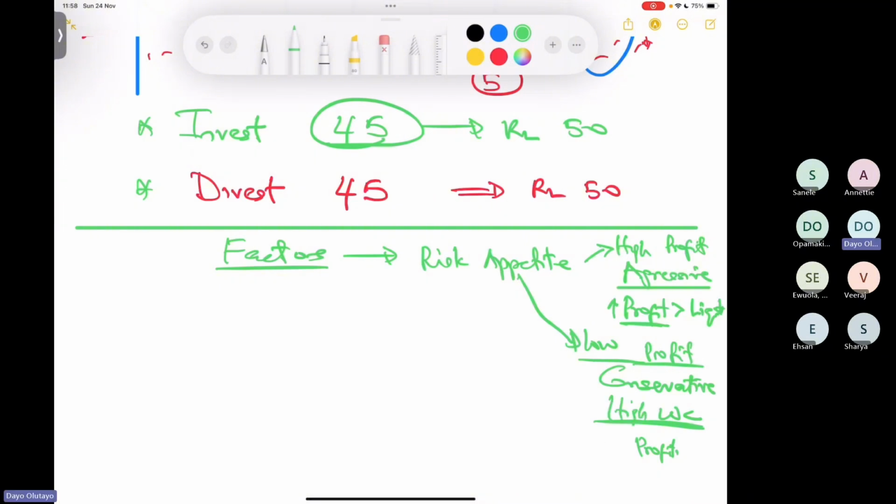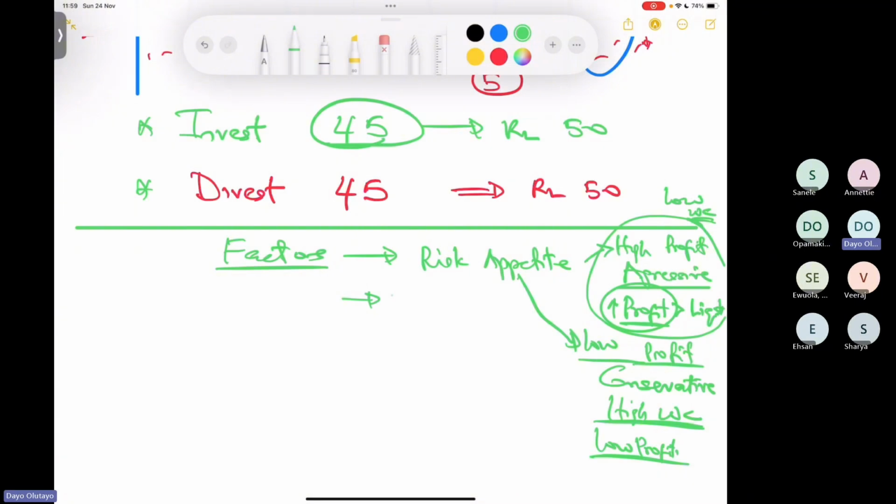And high working capital means you have a low profit. But if you are aggressive, like you can see here, you're going to have low working capital because you have invested all of it in long-term assets, because you are looking for profit.